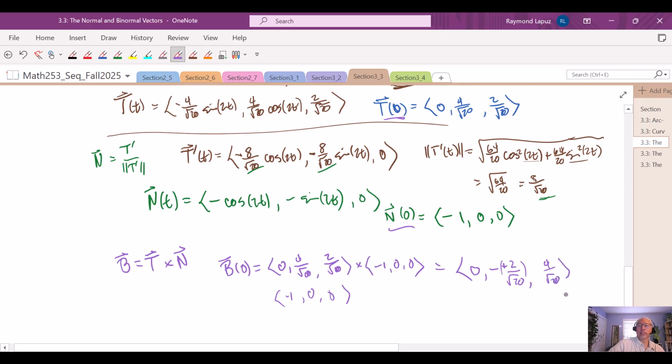So 0 minus negative 4 over root 20 will give us a positive. So this would be 0, negative 2 over root 20, and positive 4 over root 20. So this should be perpendicular to N and T at the same time, and that would be your unit vector. Okay.